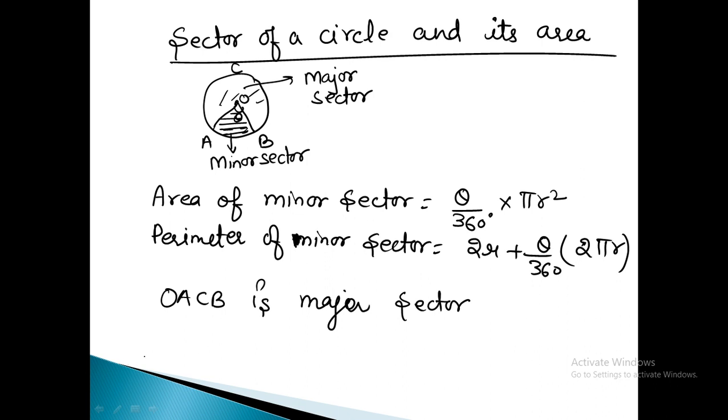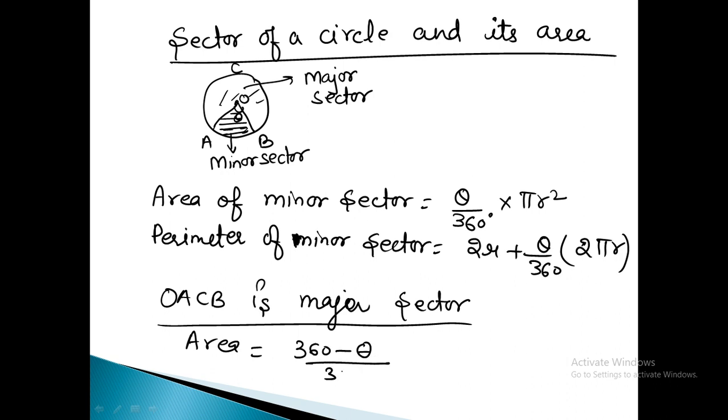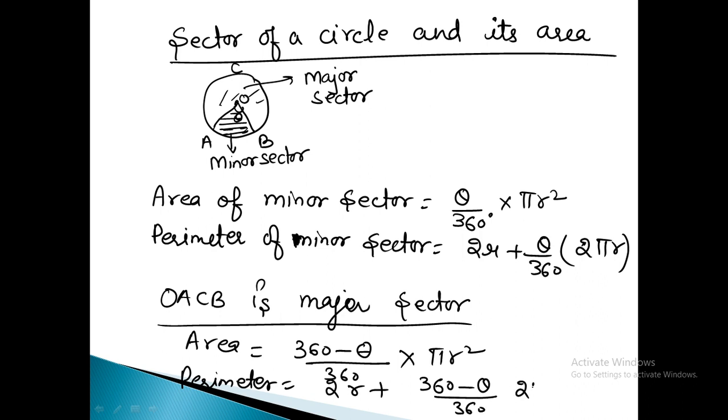Here we will find the area: 360 minus theta over 360 multiplied by pi r square, and the perimeter will be equal to 2r plus 360 minus theta over 360 times 2 pi r. The formula is the same. The only difference is that here we will use 360 degree minus theta.